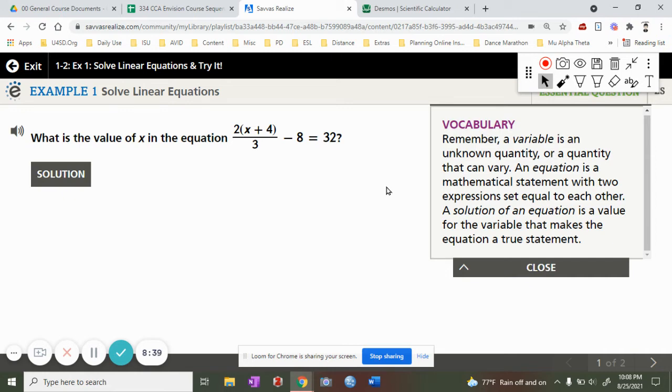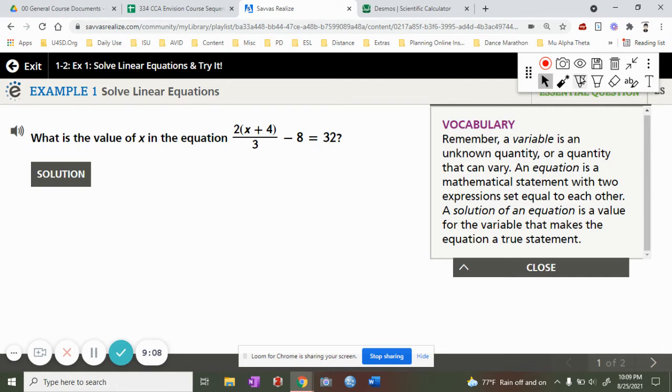A solution of an equation is a value for the variable that makes the equation true. So what we find to be the answer of x makes the left side equal to the right side. So we need to figure out what value of x will allow this side of our equation to equal 32.